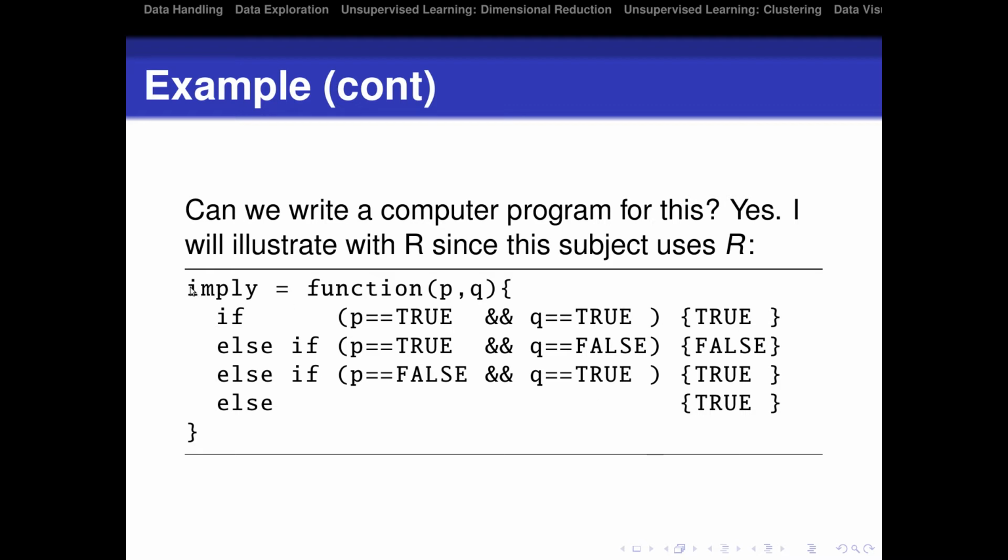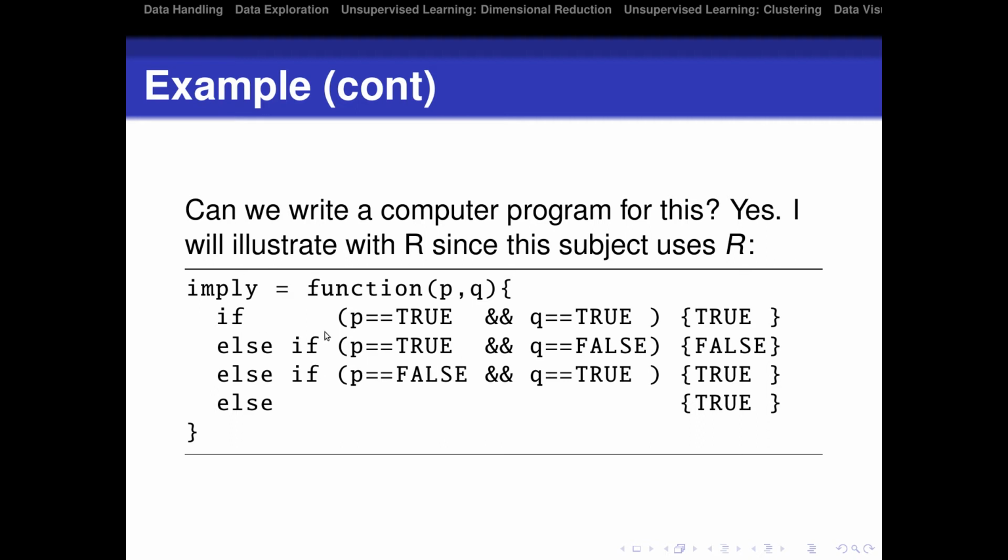The way R defines a function is by using the keyword called function, which you can see over here. This is the name of the function, imply. It takes two parameters, P and Q. Inside the brackets are various expressions.